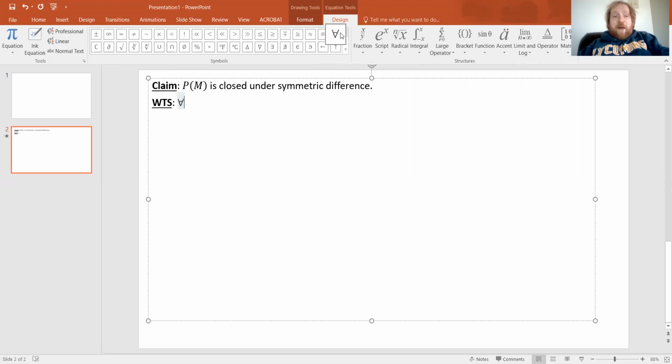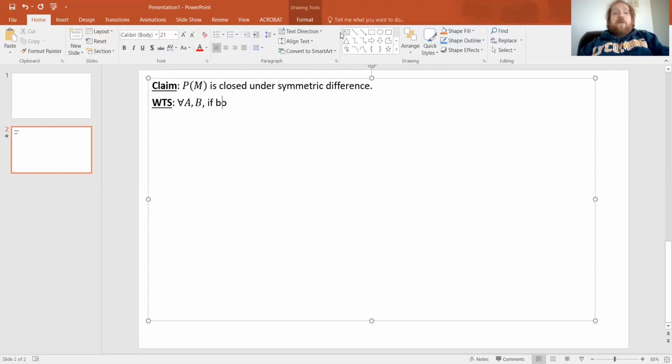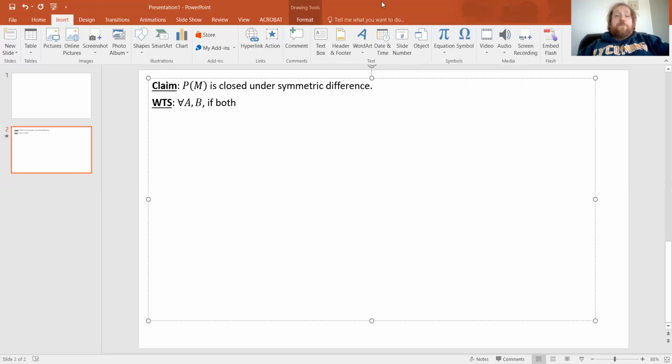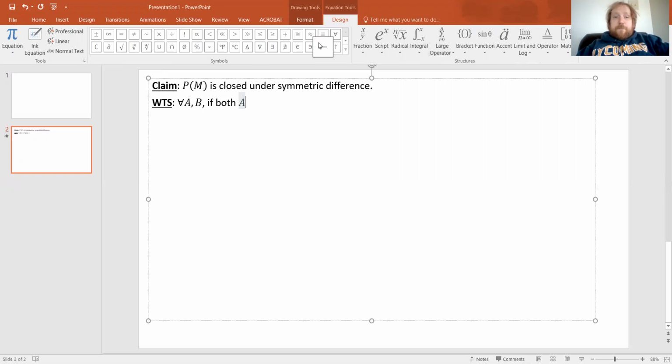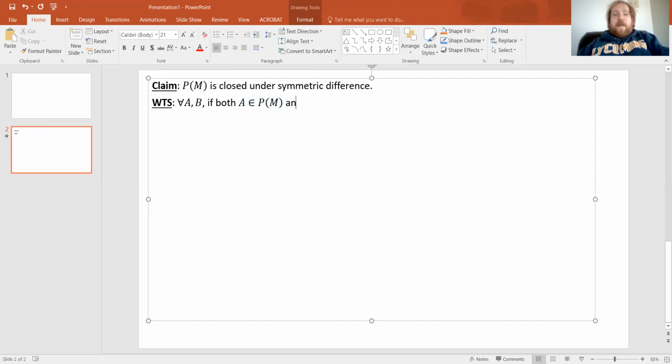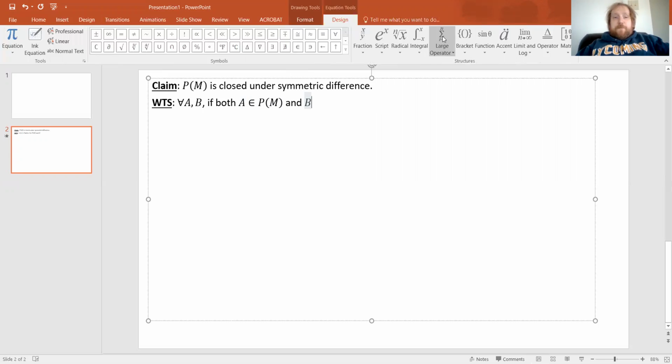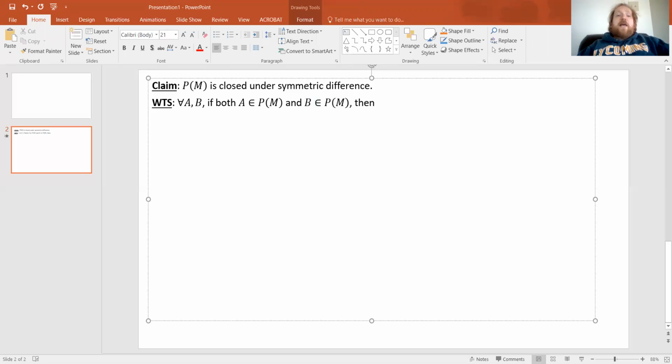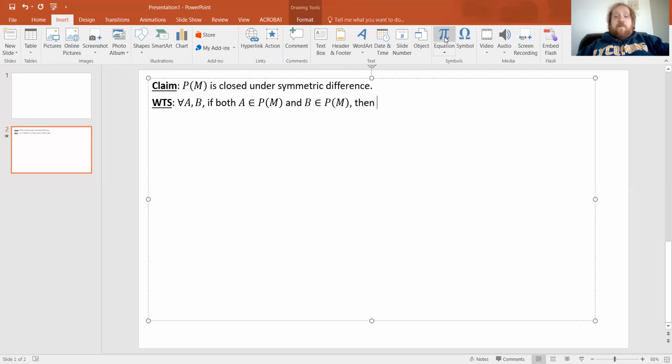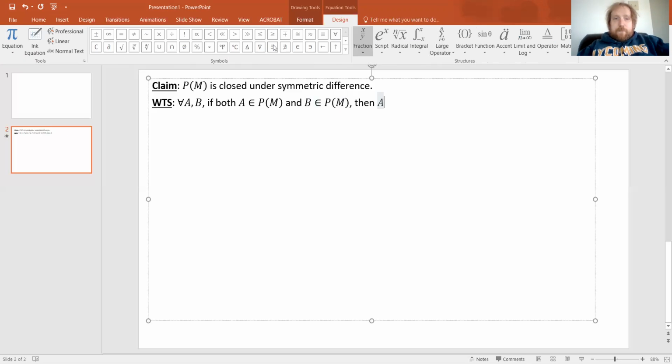We want to show for every A, B, if both A is a member of P of M and B is a member of P of M, then the symmetric difference of A and B is a member of P of M.